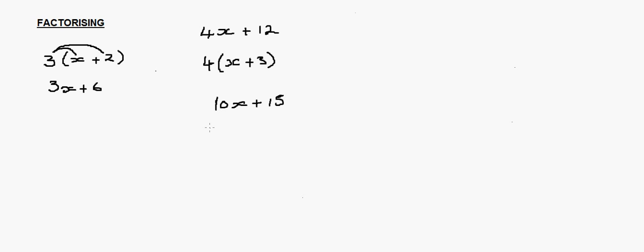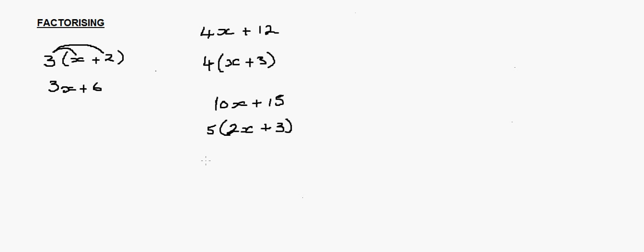So 5 comes outside of the bracket. Now it's just a question of what times 5 gives me 10x. Well, 5 times 2 gives me 10, so obviously it must be 5 times 2x gives me 10x. Plus 5 times 3 will give me 15. And so we're done.